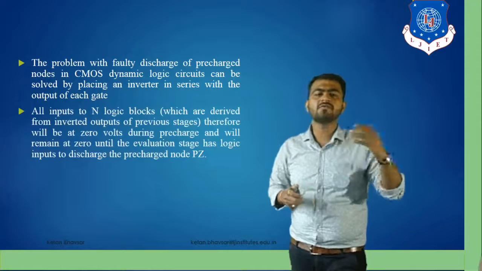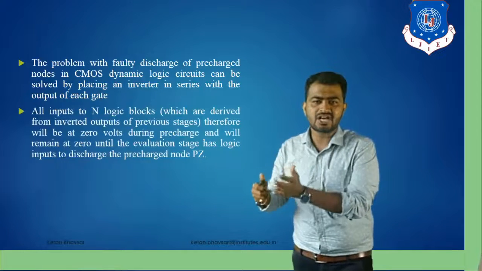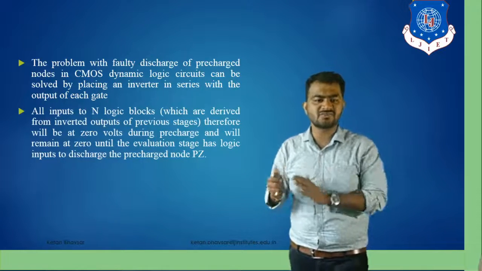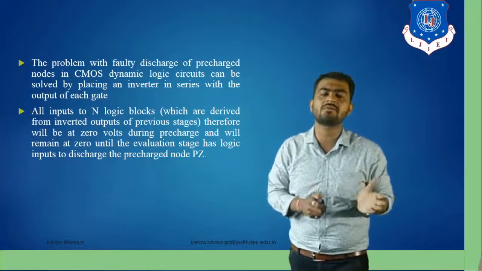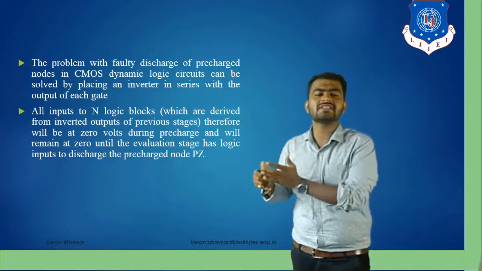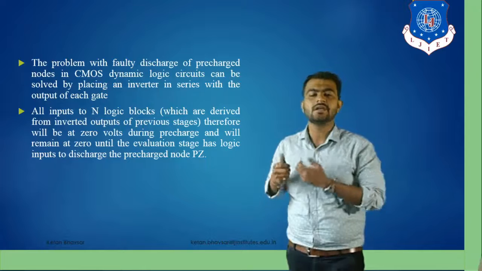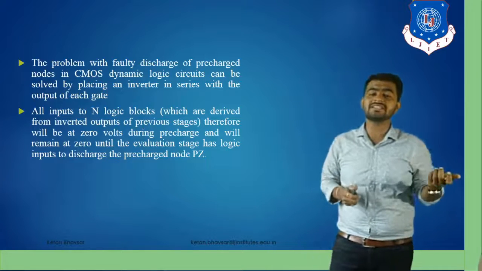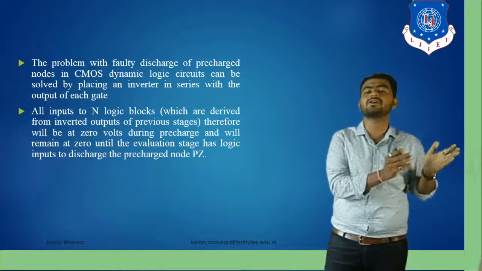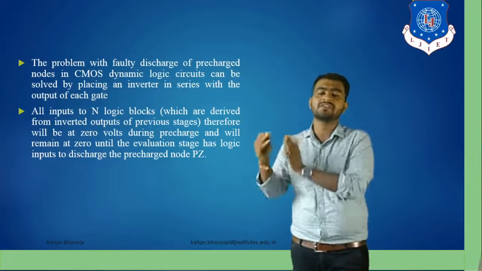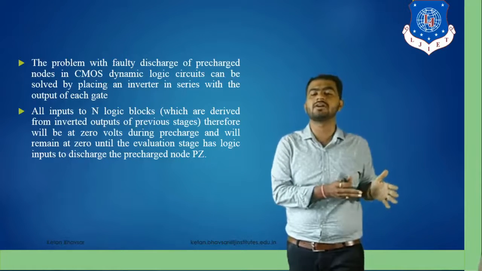The problem of faulty discharge of pre-charged nodes in CMOS dynamic logic circuits can be solved by placing an inverter in series with each of the blocks. If one circuit is turned on, the other circuit will be turned off.